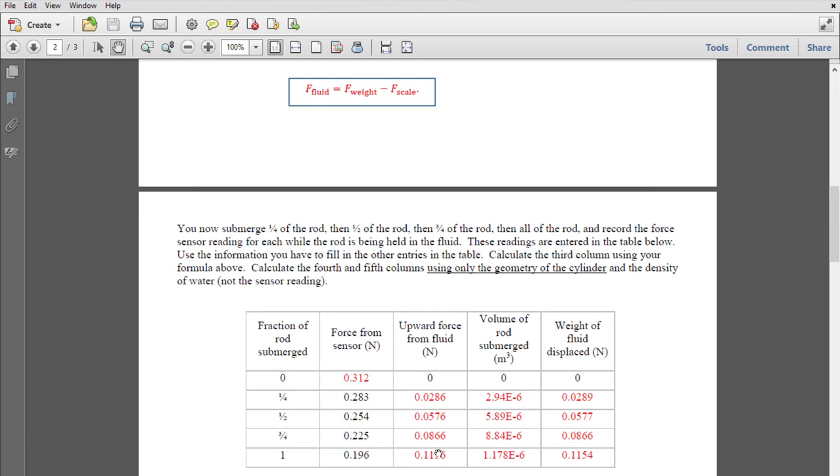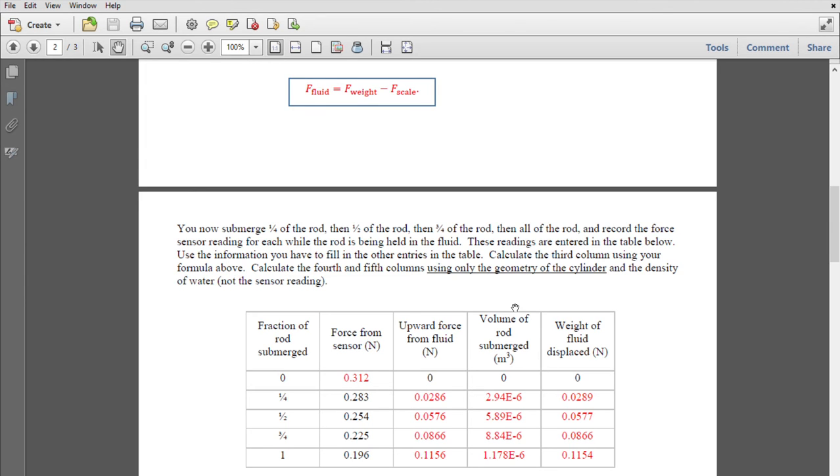I calculated the weight force by multiplying the mass times little g from above and subtracted off the scale force to the left, and that gives me the upward force from the fluid here in all 4 cases where it's partially submerged.